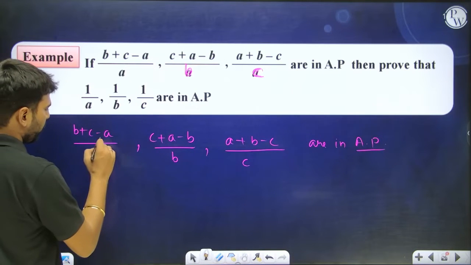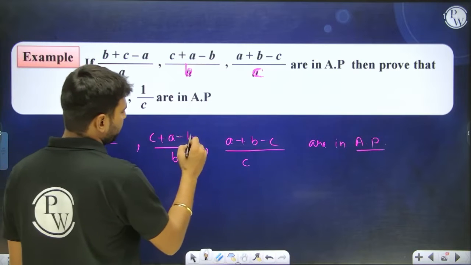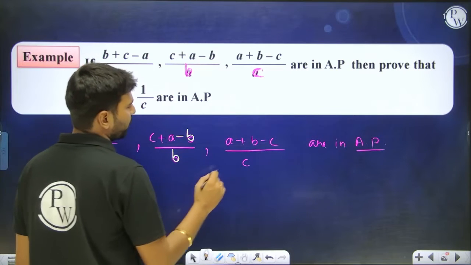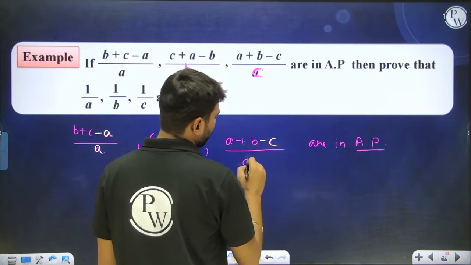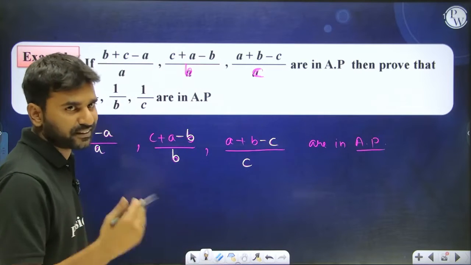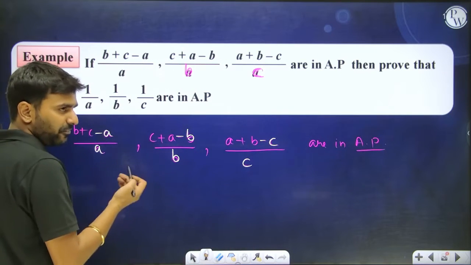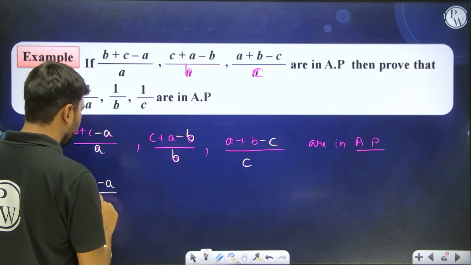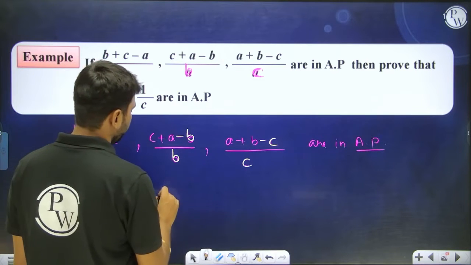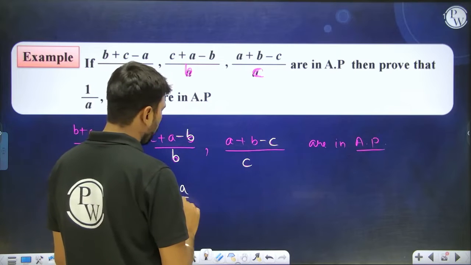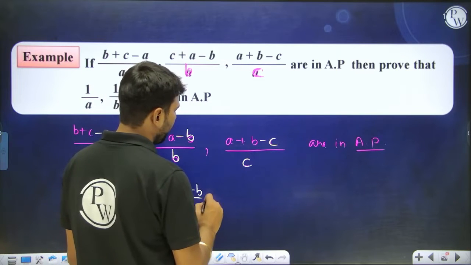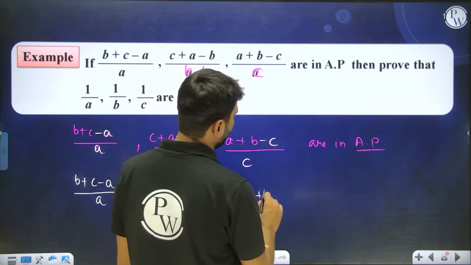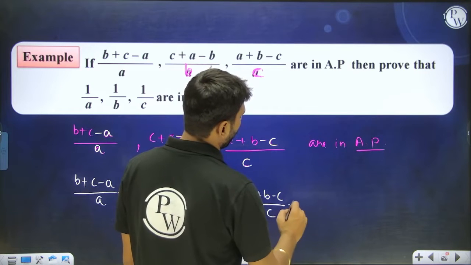If A is coming over here, minus A is written. If minus B is written over here, B is written over here. If minus C is written over here, C is written over here. Now this is the pattern. If we add 2 to all these three numbers, then this is still going to remain an AP or not?